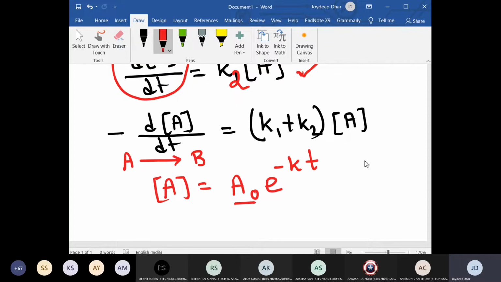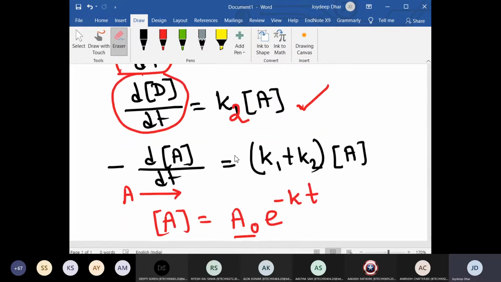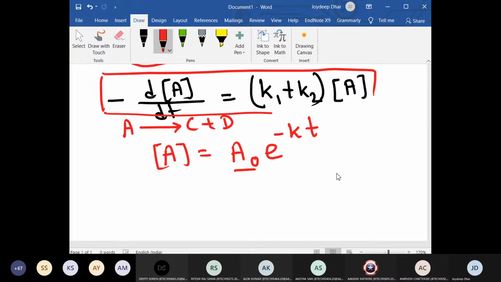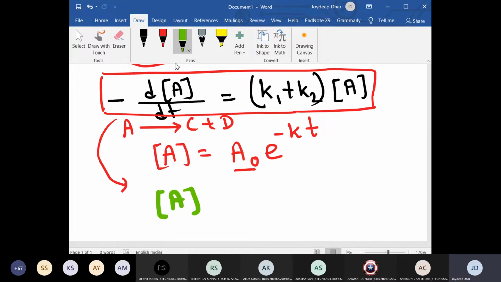Now same way you can think that in my parallel reaction scheme, A is converted into two products, C plus D. That means this rate equation, if I solve it, do the integration, then what will be my A? A is the concentration of the starting material after time t.